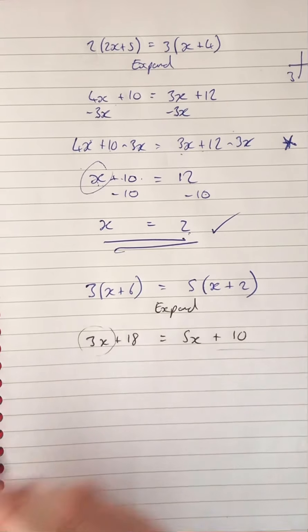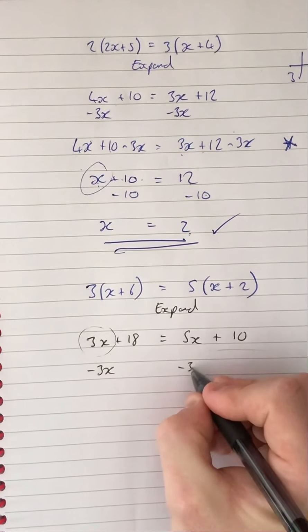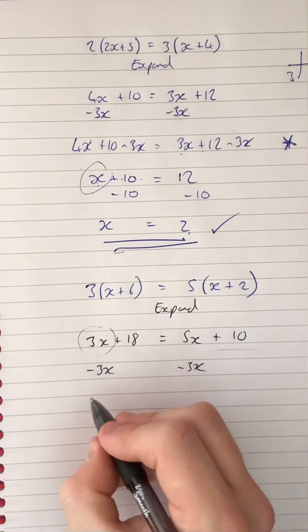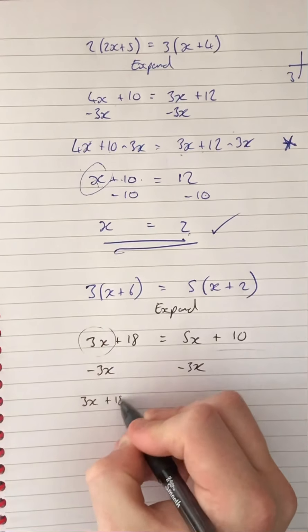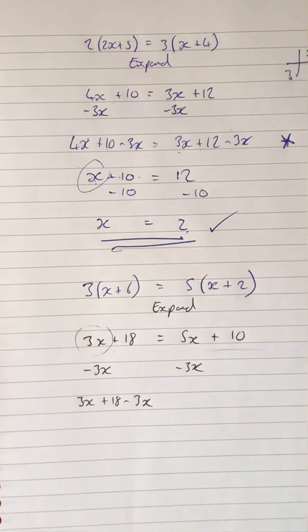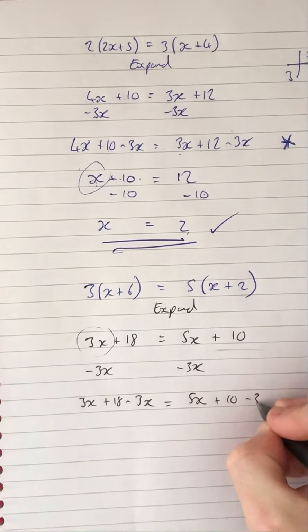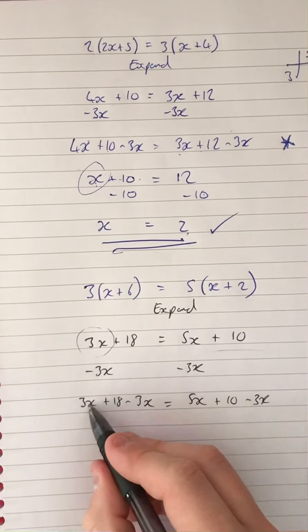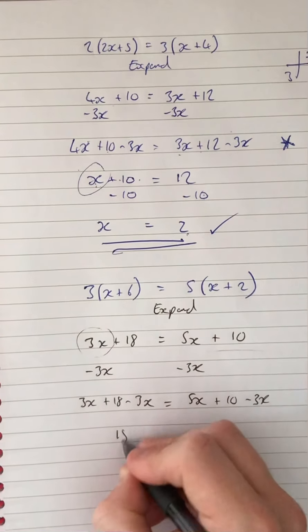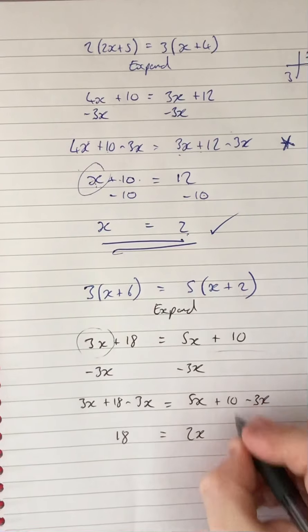Target the smallest amount of unknowns, and we're going to deal with those. So we get 3x plus 18 take 3x is equal to 5x plus 10 take 3x. 3x take 3x is nothing, plus 18. 5x take 3x is 2x plus 10.